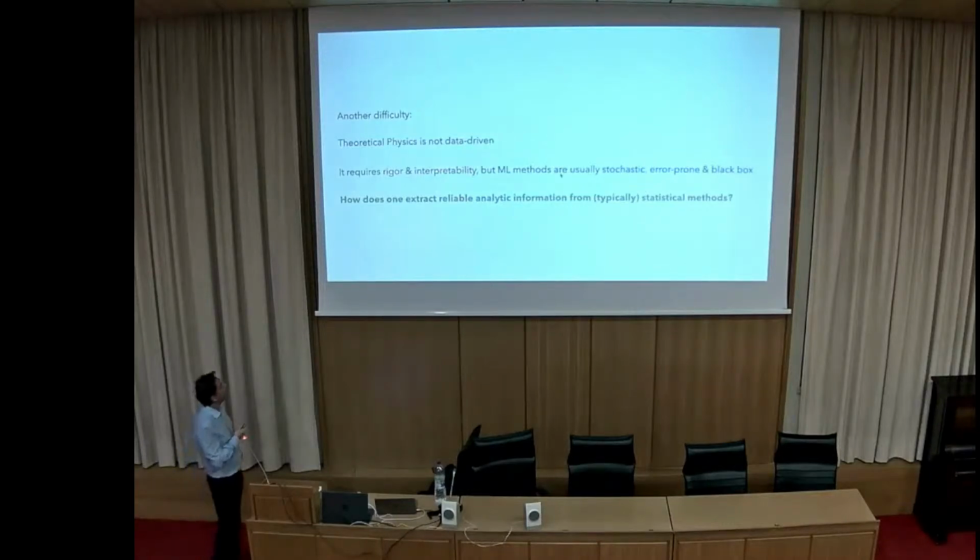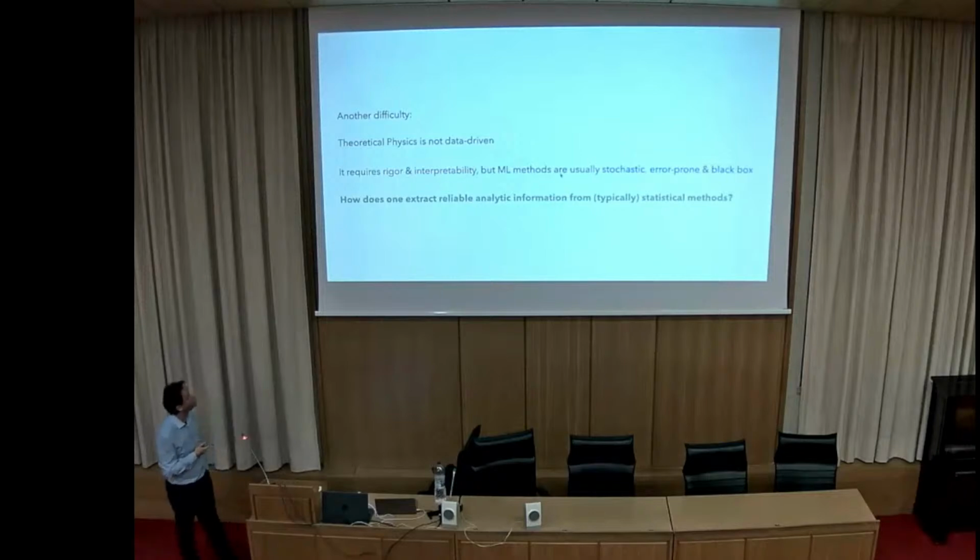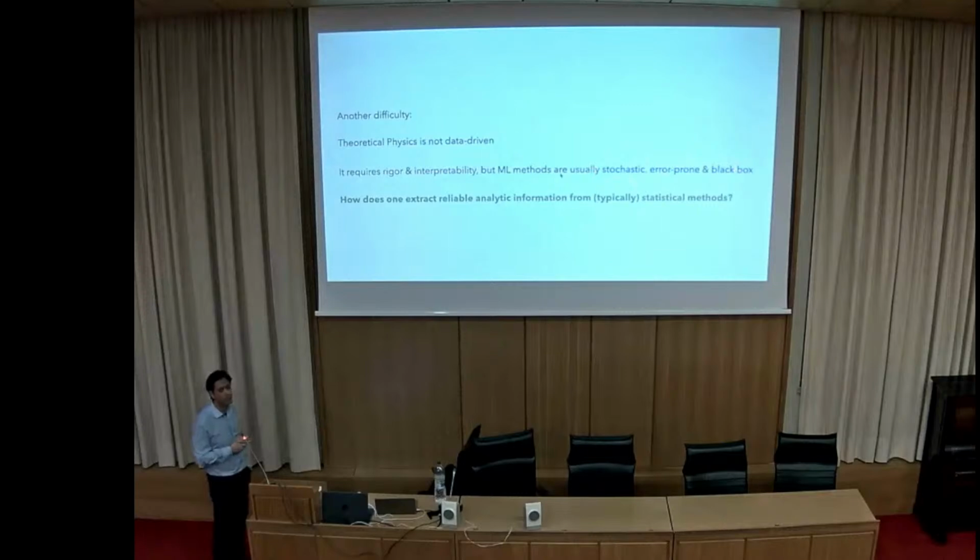And moreover, a lot of what we do requires rigor and interpretability, but ML methods are usually stochastic, error-prone, and black box. So even if they give some result, we want to be able to trust the result, and that is not obvious. Okay? So the question here is, how does one extract reliable analytic information from typically statistical methods?